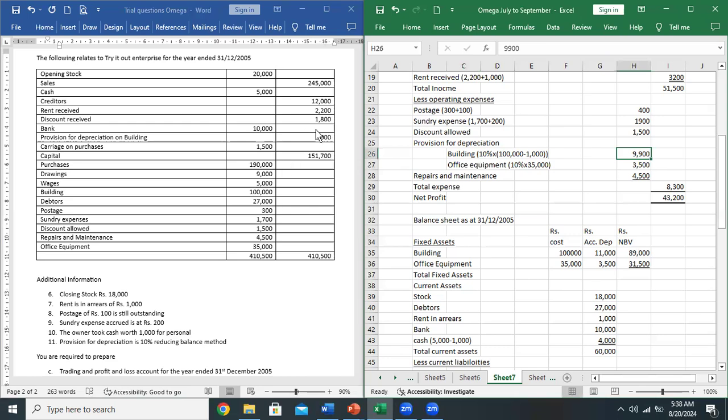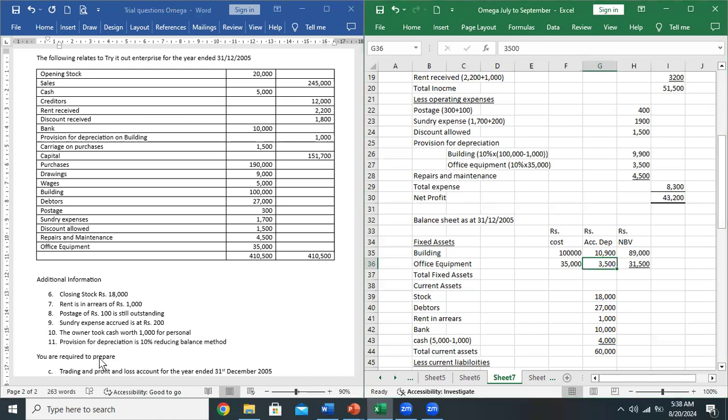For the building, it would be 9,900 plus the 1,000, giving us 10,900. And that of the office equipment will be 3,500, because in the trial balance there's no depreciation. So that's how you deal with depreciation.